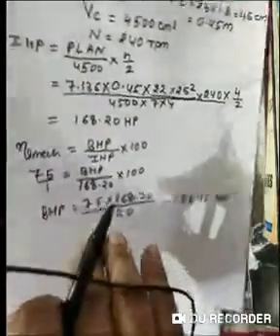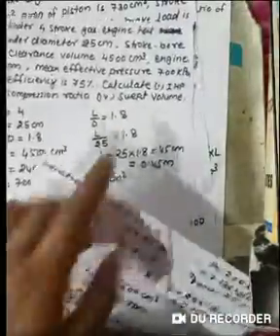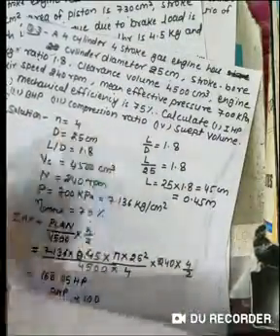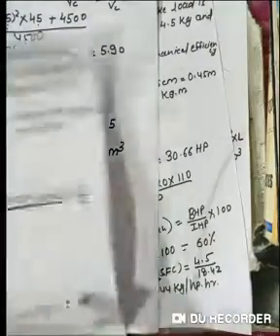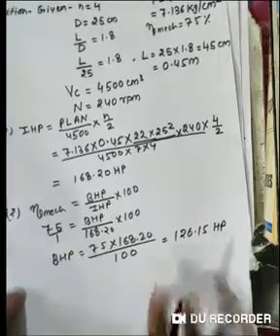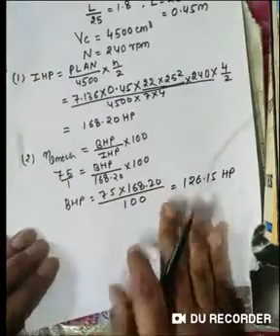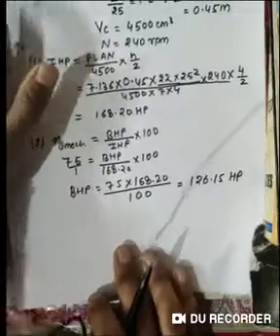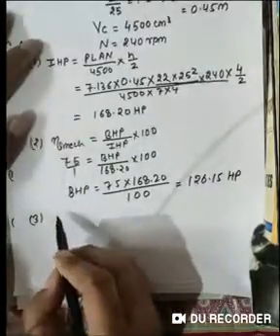Now we have to calculate two other terms, that is swept volume and compression ratio. Firstly we have to calculate the swept volume of cylinder. The formula of swept volume is very simple.